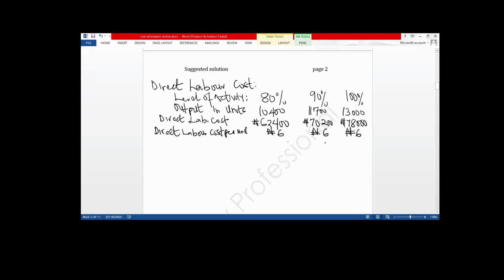Once you calculate cost per unit, and that cost per unit is constant at all levels of activity, whether we produce 10,400 or we produce 11,700, the labor cost per unit is constant at all levels. This is an indication that this labor cost is entirely a variable cost.